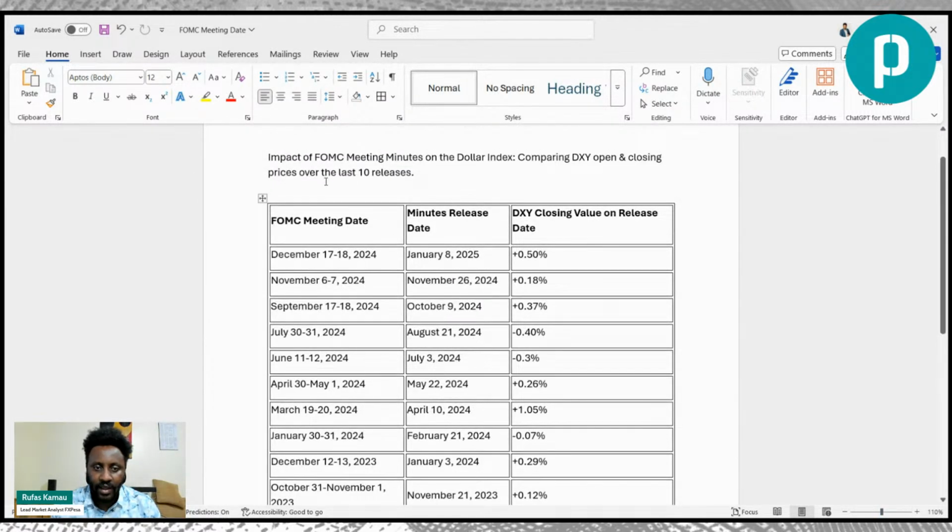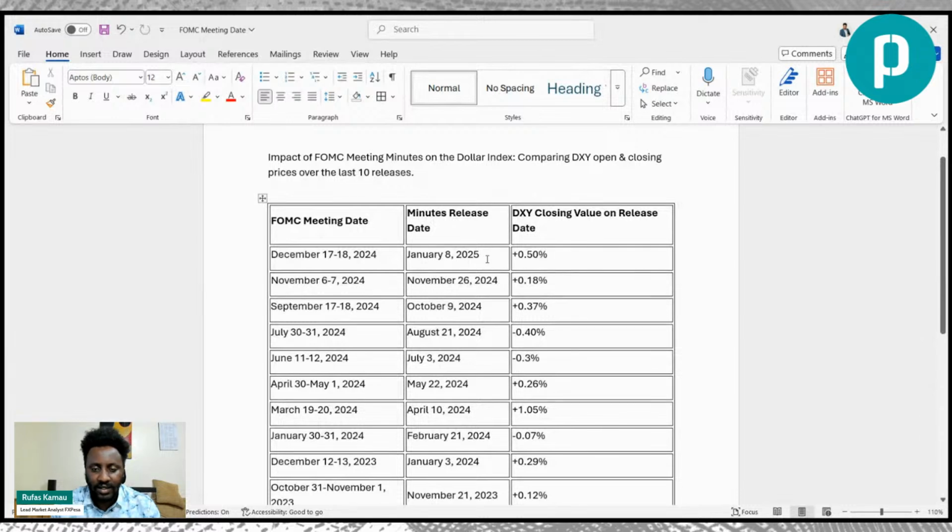Impact of FOMC meeting minutes on the dollar index, comparing DXY open and closing prices over the last 10 releases. The last FOMC meeting happened around December 17 to 18, 2024, and then the minutes were released on the 8th of January 2025.